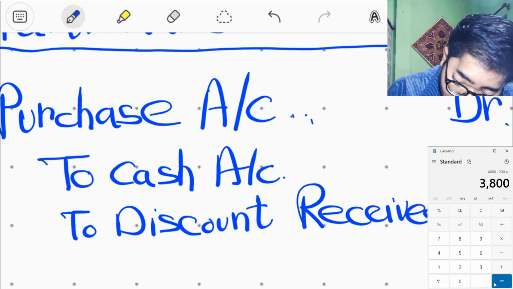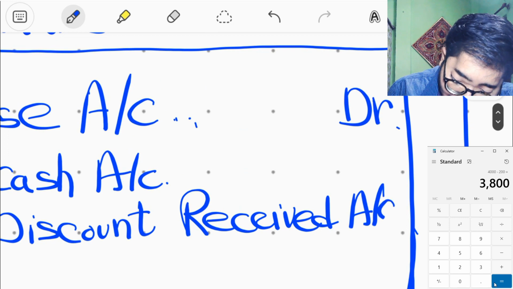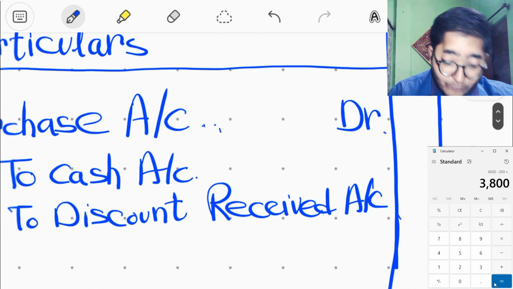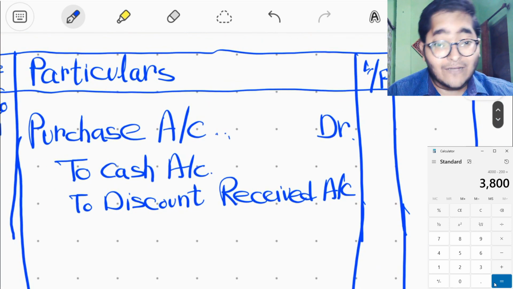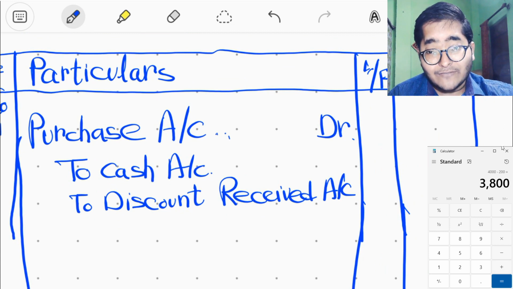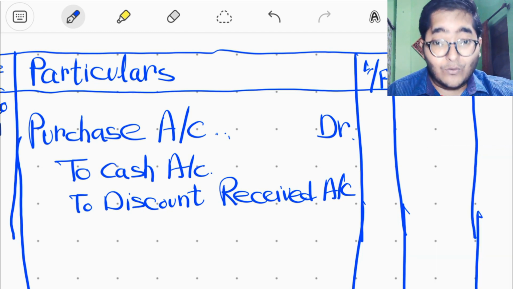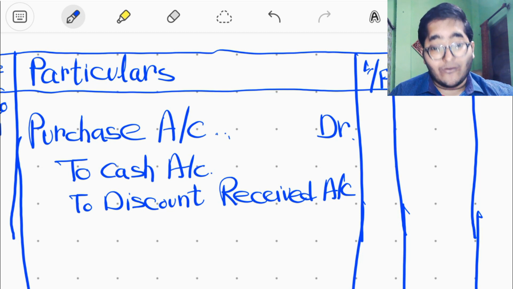Why discount received? Because the purchase value of the goods is rupees 4,000, but we need to pay rupees 3,800 as cash. That is why we need to write up rupees 200 as a discount that is availed by us.